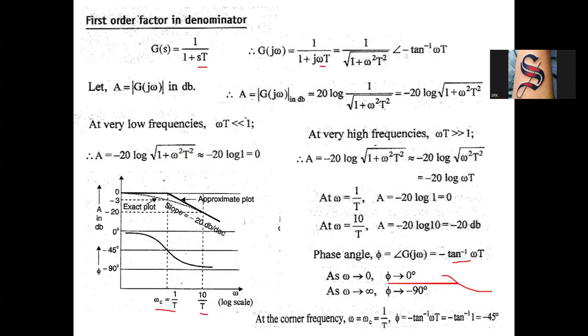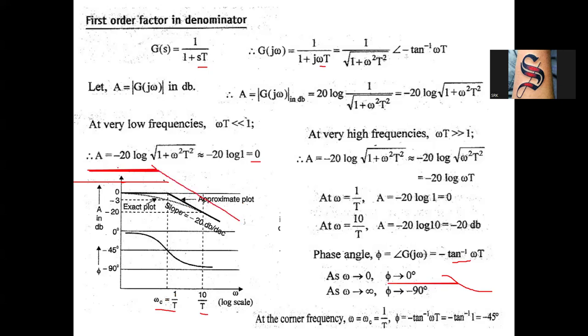So until this 1 by T value, the magnitude is always 0 decibels. Yes or not? Next, once the frequency is past the corner frequency 1 by T, what's the magnitude here? From 1 by T to 10 by T, minus 20 decibels per decade. What is the magnitude of the integral factor? The integral factor is again the same, minus 20 decibels per decade only.